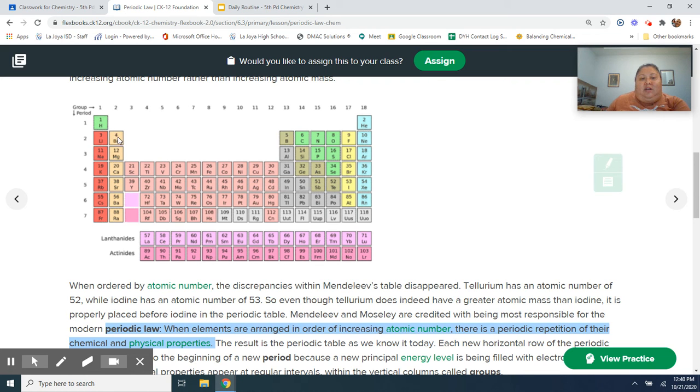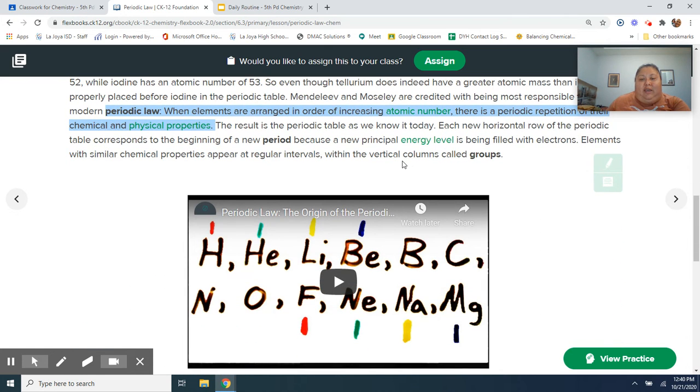Group 2, the alkaline earth metals, is the same thing. From beryllium to radium, all of them act the same. The same thing happens with group 18, the noble gases, and group 17, the halogens. There are a lot more groups that we'll talk about later.